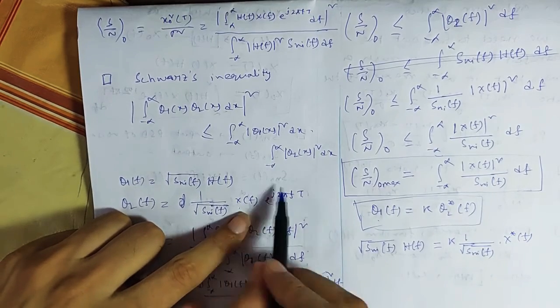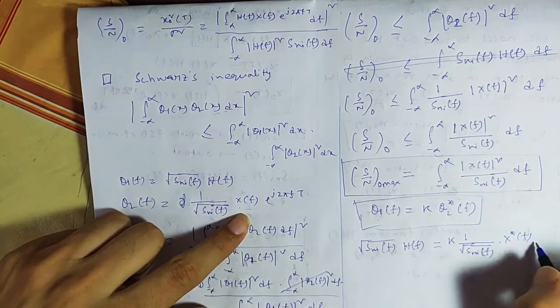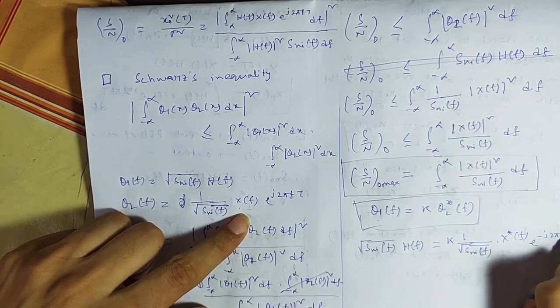The conjugate of this will have a minus sign, minus j2πft.